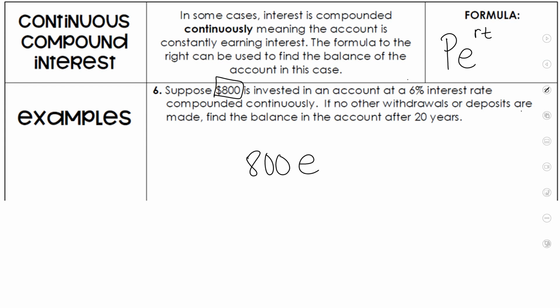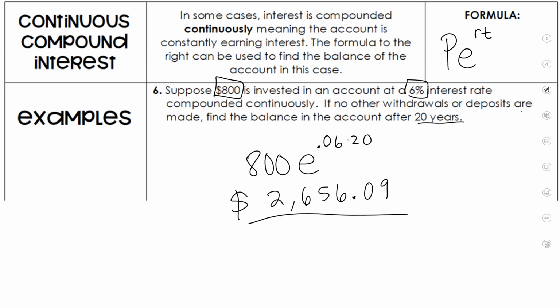It says 6% interest. So that will be 0.06 if you write it as a decimal. And then the time, it says 20 years. So times 20. This is what you type into the calculator. Okay, so when you type this into the calculator, you get $2,656.09. That's how much the money has grown in 20 years.